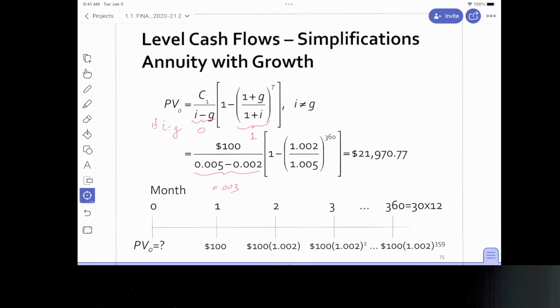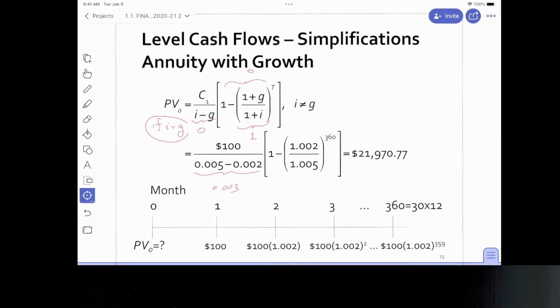And 1 minus 1 makes 0. So if, let me write this clearer. If i equals g, you're going to have 0 divided by 0, which we say is indeterminate and nothing, like no answer, or does not exist.